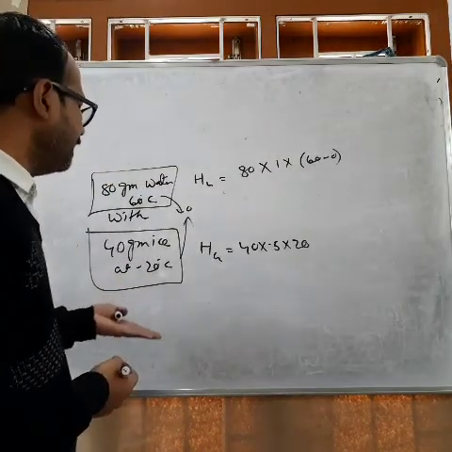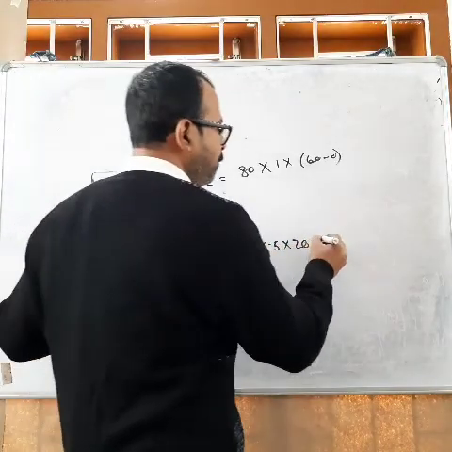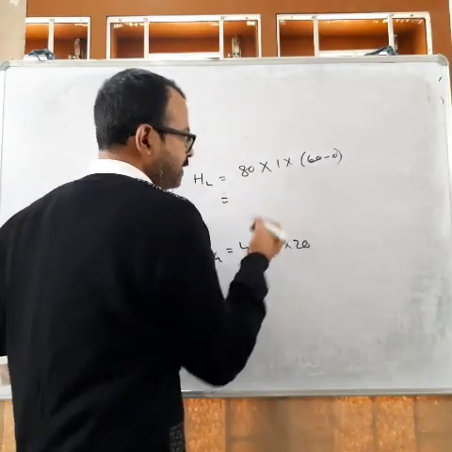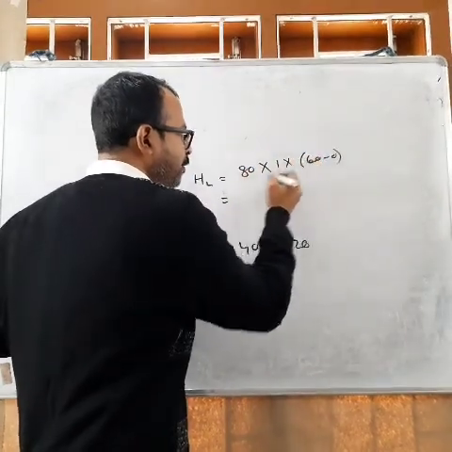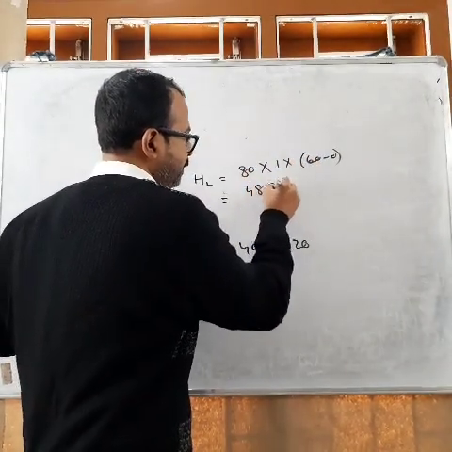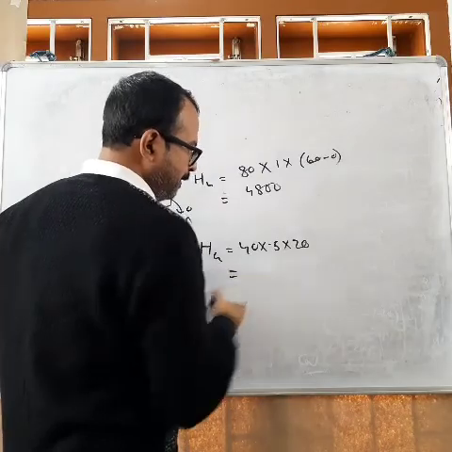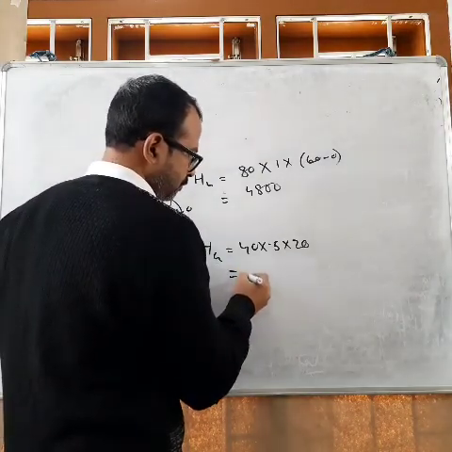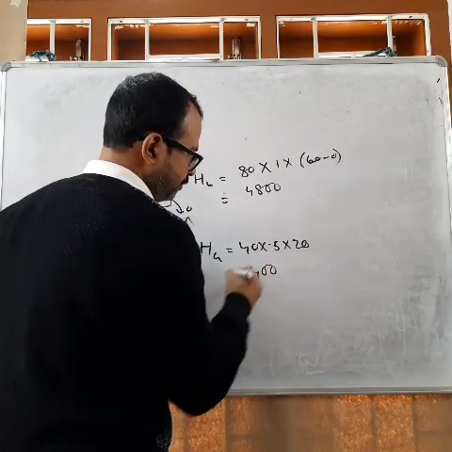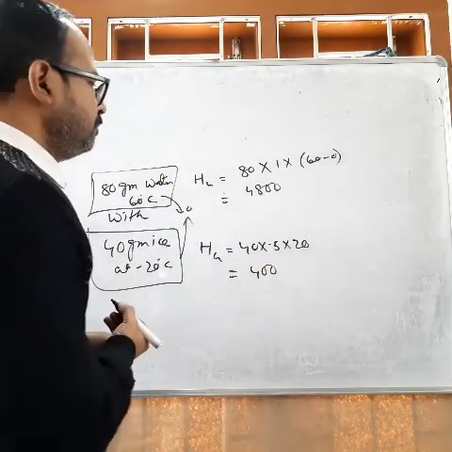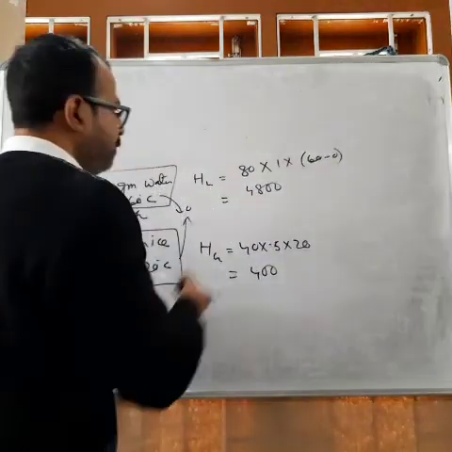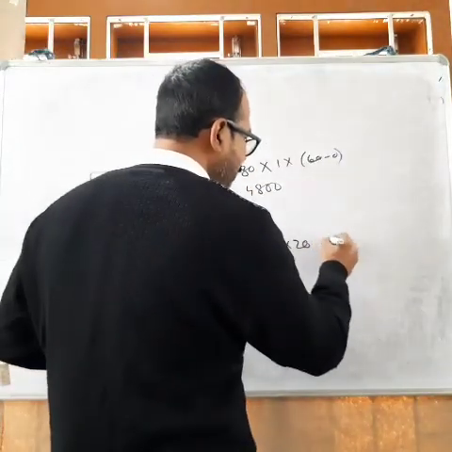So we can think of melting ice. If you want to melt the whole piece of ice, first of all, let me simplify this one. Just a rough idea: 8 into 6. So this heat is much greater. If it cools to 0 degrees C, let me think of melting.